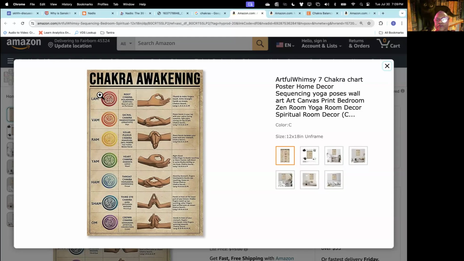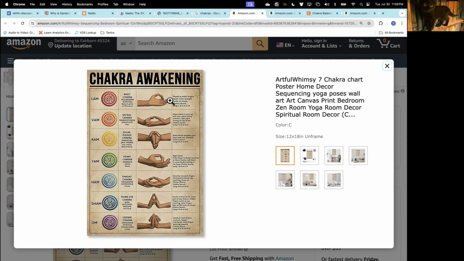So the bij akshara, the root letter for the root chakra or Muladhara is lam. Lam. You see how they pronounce it like lam. And there are certain mudras, symbols associated with this chakra.